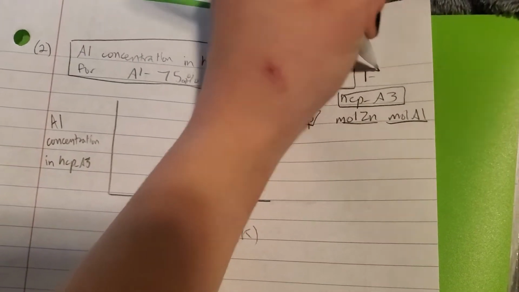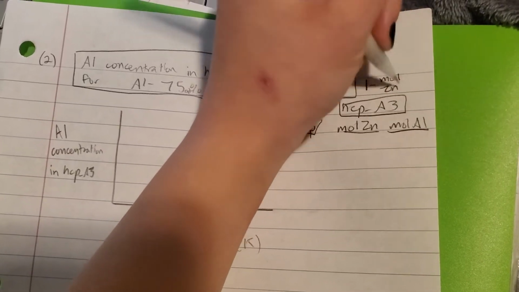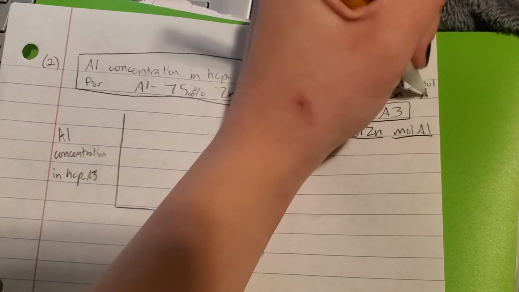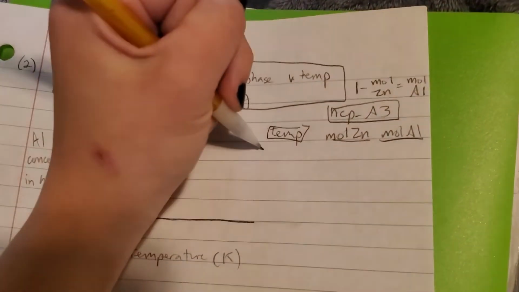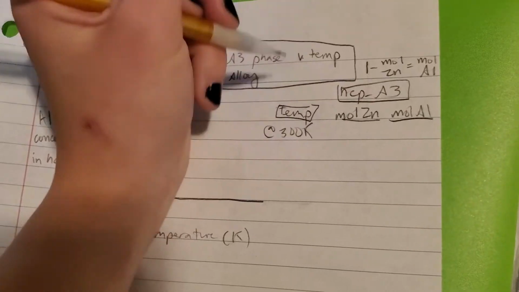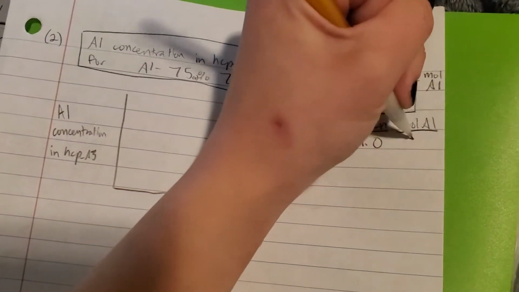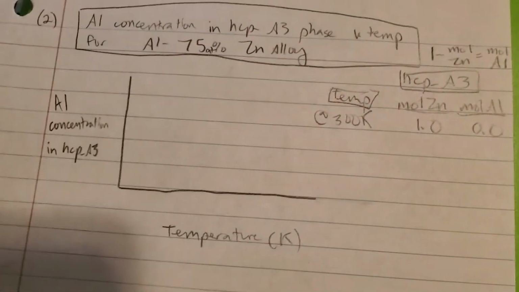Also, 1 minus mole zinc equals mole of aluminum. So at 300 Kelvin, we have 1 mole of zinc, 0 moles of aluminum.